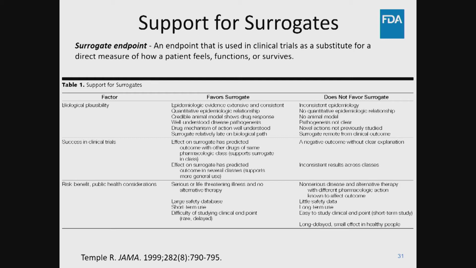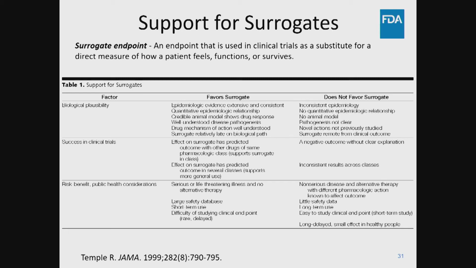As far as clinical trial success, if an effect on a surrogate has predicted outcome with other drugs of the same pharmacological class, this can be supportive of it being a surrogate for another drug in that same class. Whereas if an effect on a surrogate has predicted outcome in several different classes, this supports more general use.